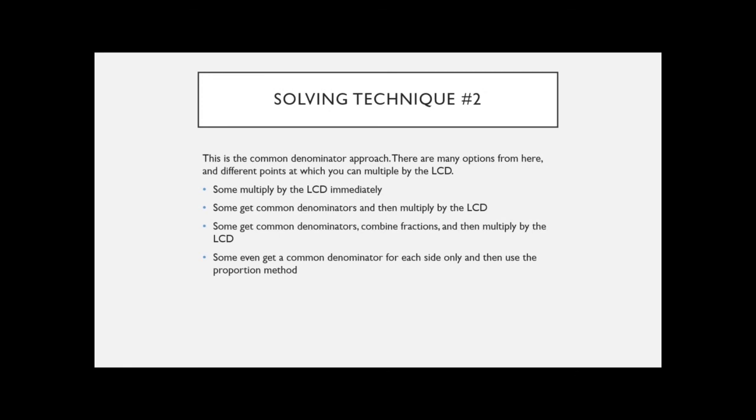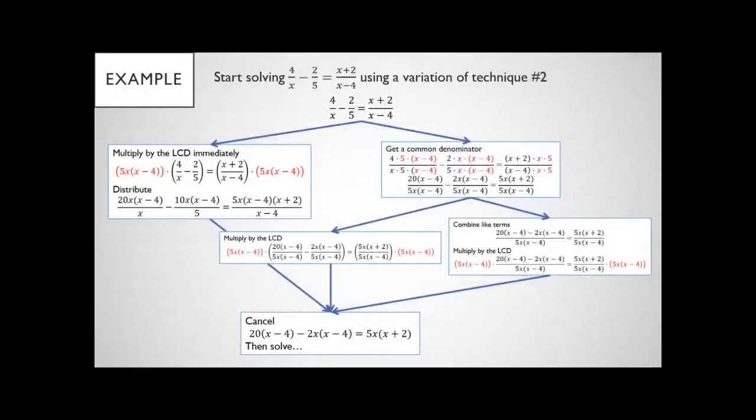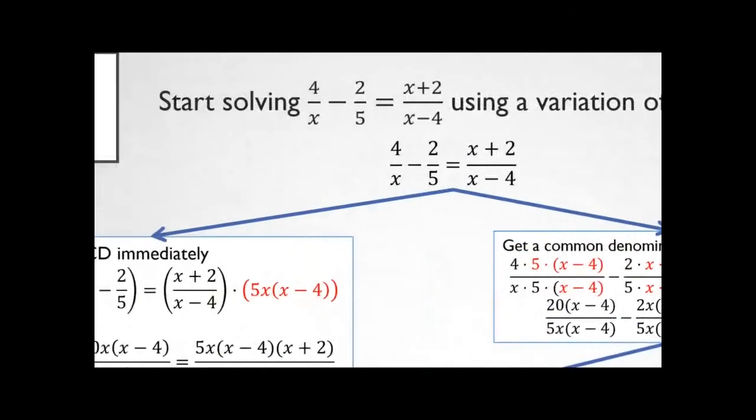It can get confusing, so I try to make a tree of the different possible branches that you can do, and you'll solve and get the same answer. So let me just break this down so you can kind of see. Let's say we have this problem, same thing that we just did, the 4 over x minus 2/5. We just solved it one way.